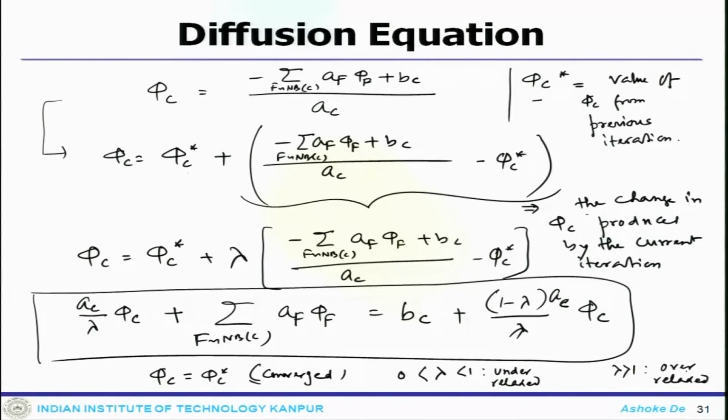So, depending on the value of lambda, one can have a system which is either under relaxed or over relaxed. Most of the time, in normal CFD calculations, the under relaxation factor is used because that leads to better convergence, but it is also not generic that you always need to use under relaxation.